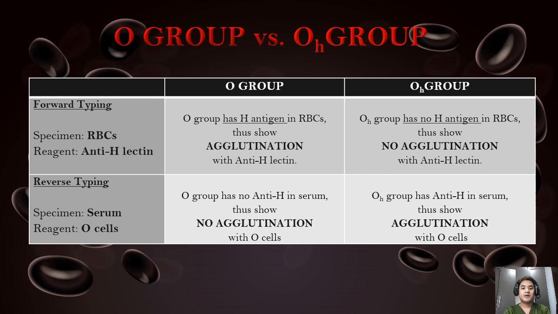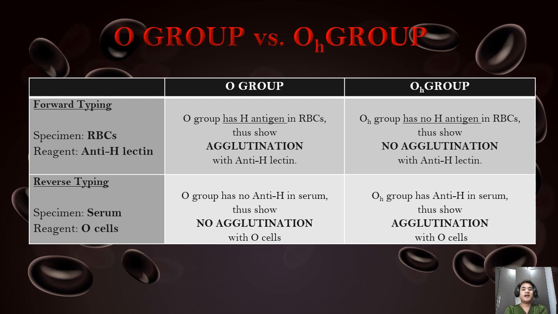Your anti-H here is an antibody specific for the H antigen, while O cell is a red cell suspension with known group O red cells, meaning to say it contains the H antigen of the O red cells and will agglutinate when exposed to a serum containing the anti-H.